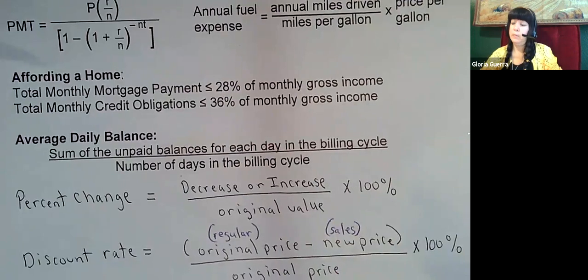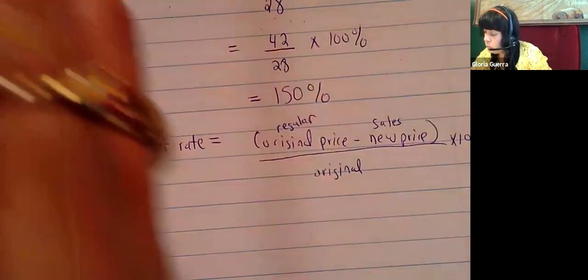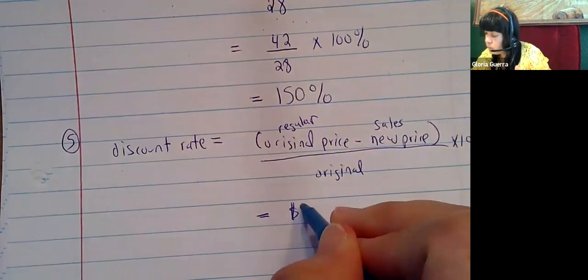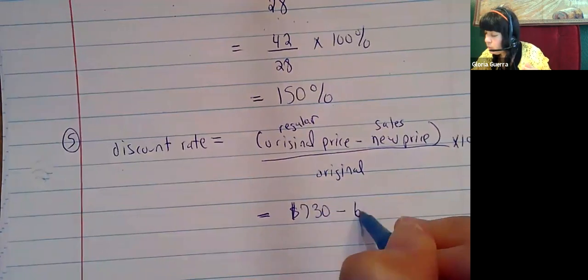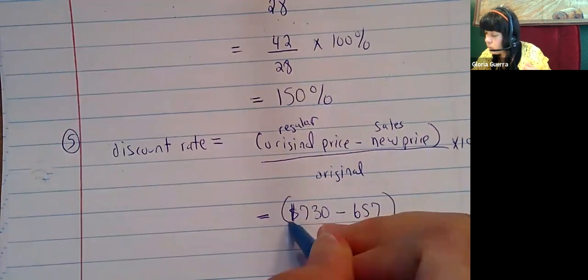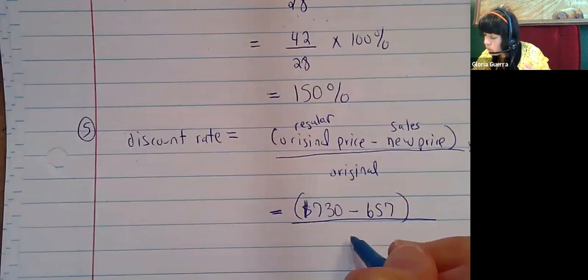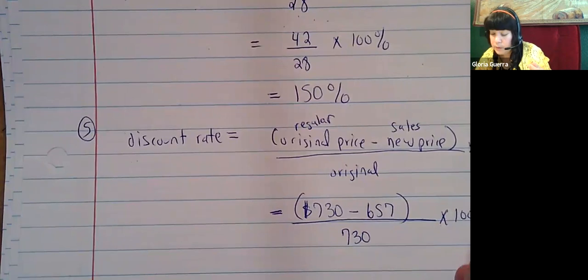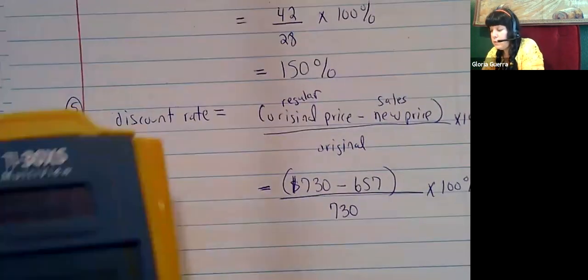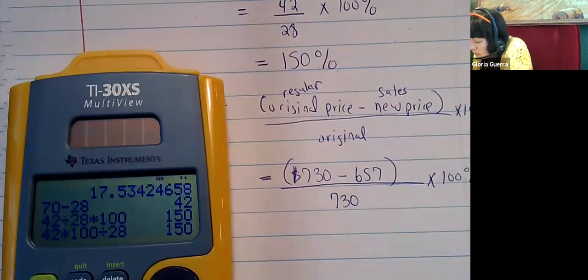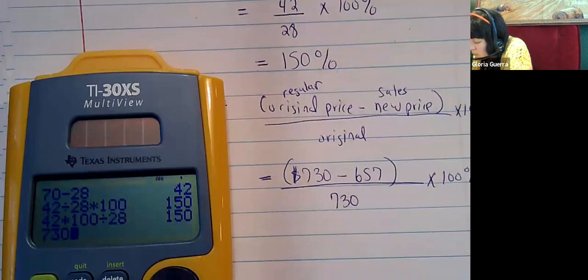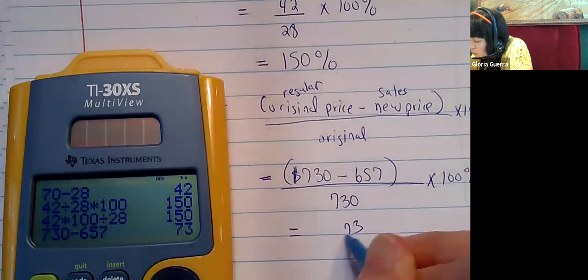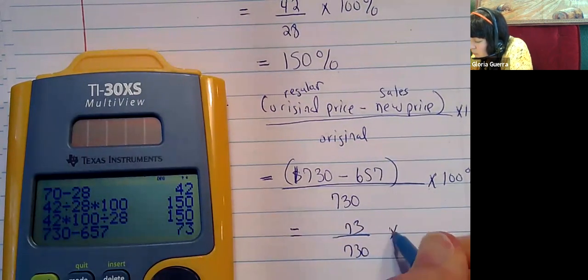Okay. Right. So the original was the $730 minus the new price was $657 divided by the original, which was the regular price, $730 times 100%. Okay. So when I do this, I do 730 minus 657 is 73 over 730 times 100%.